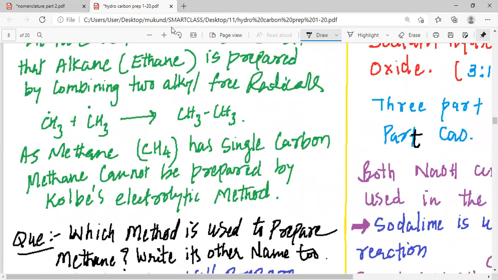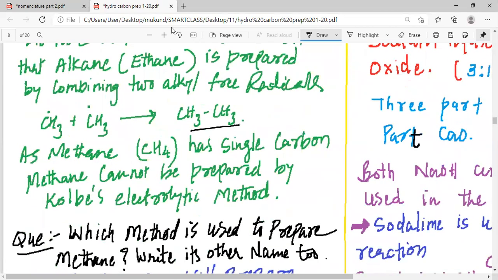You can see that the alkane is produced by combining two alkyl free radicals, my dear students. So when we have two alkyl free radicals, we use this method. As methane has a single carbon, methane cannot be prepared by Kolbe's electrolytic method. We need two free radicals, and methane has only one carbon, and that is why we cannot prepare methane by this process, which is known as Kolbe's electrolytic method.